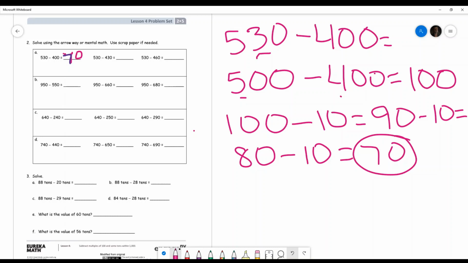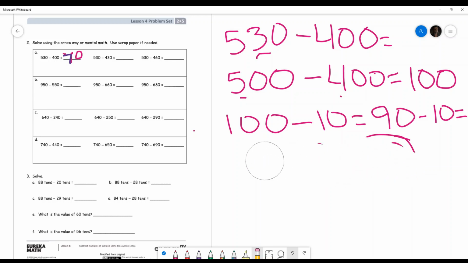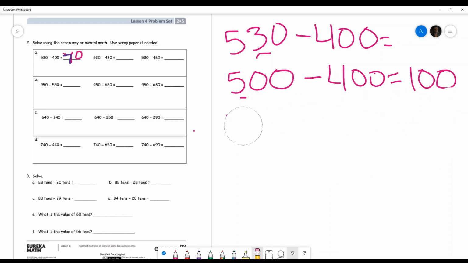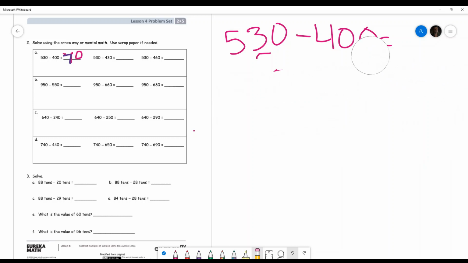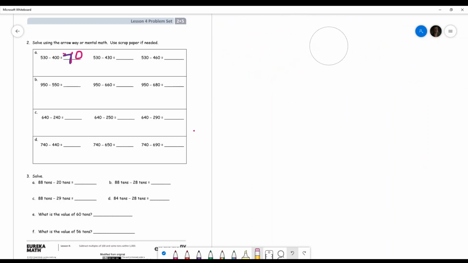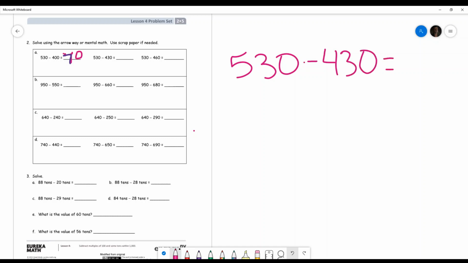Look at the next part. 530 minus 430. So for this one, I am just going to start from the beginning and show you a mental math strategy. 530 minus 430. Now, in my head, here's how I would do it.